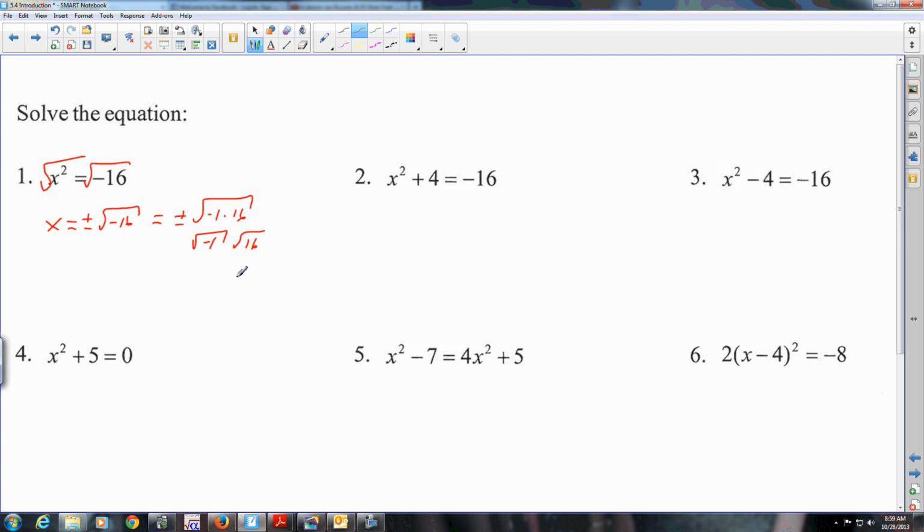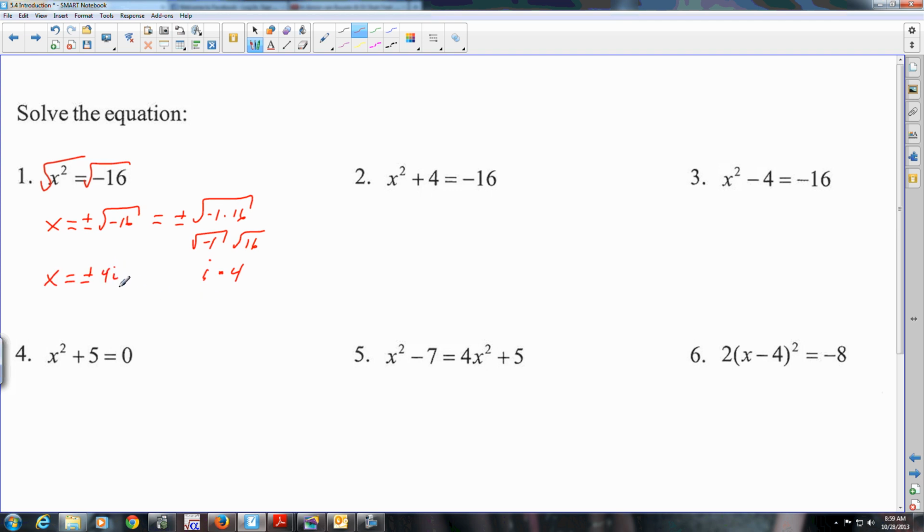Square root of negative 1 is i, square root of 16 is 4, so your answer is x equals plus or minus 4i.